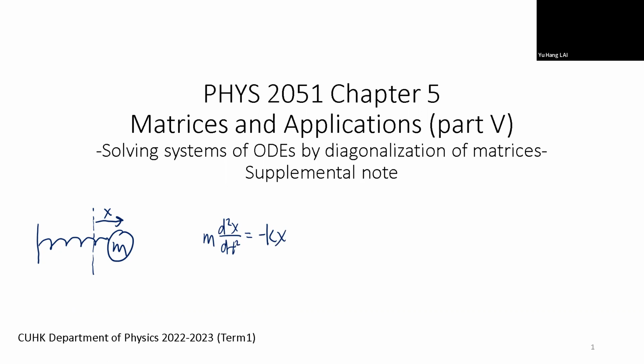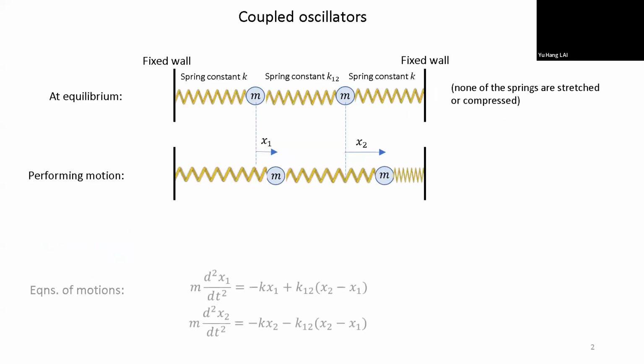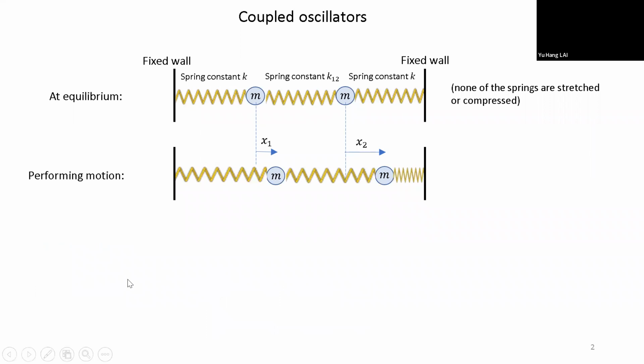Now, what I want to consider is something more complicated. What I have here is a system with two fixed walls on both sides, and now two mass particles, connected by these three springs.